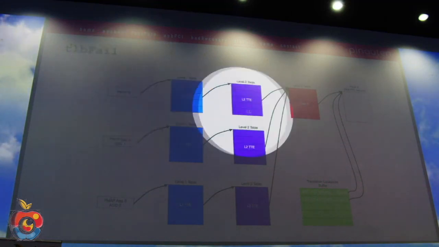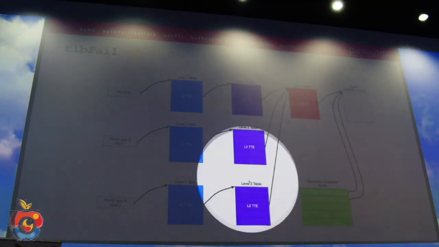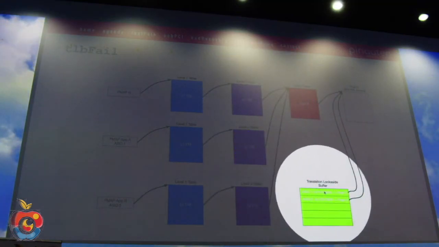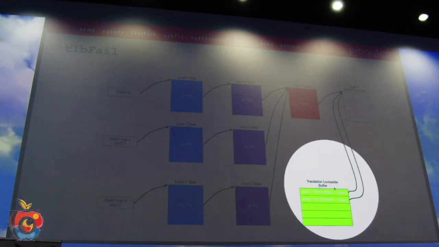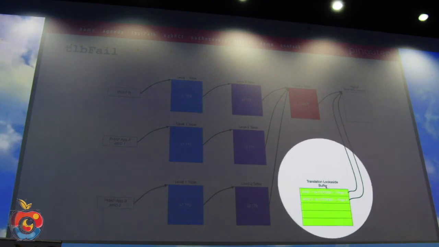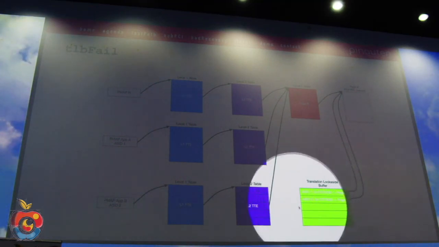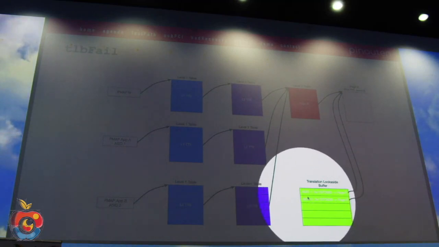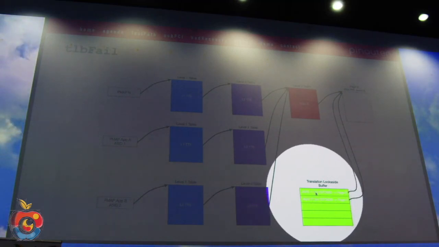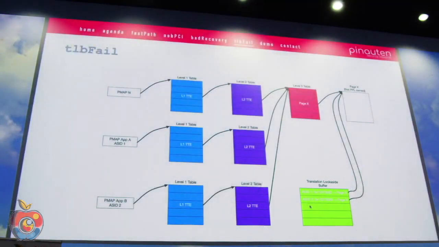As you can see, the level 3 table is again mapped in the DYLD shared cache in both applications. If we assume that both applications accessed this page X, then the translation look-aside buffer will contain two entries, one for address space ID 1 and one for address space ID 2, which correspond to application A and application B. We have both of these cached entries.